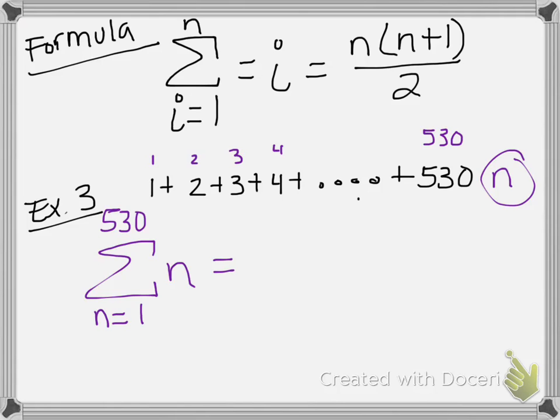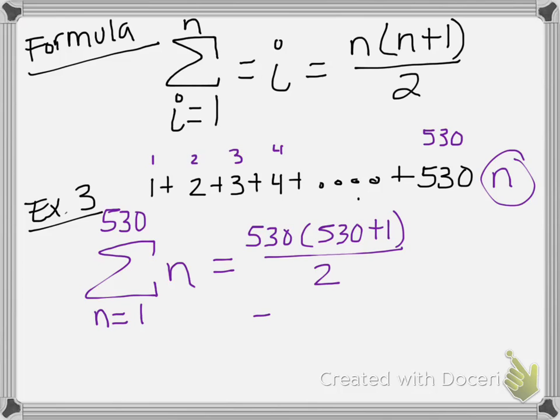But it says the formula I should be able to use is N, but N is usually what number? The number where? On the top. So who is my N for this problem? 530 times 530 plus 1, and then you divide all that by 2.